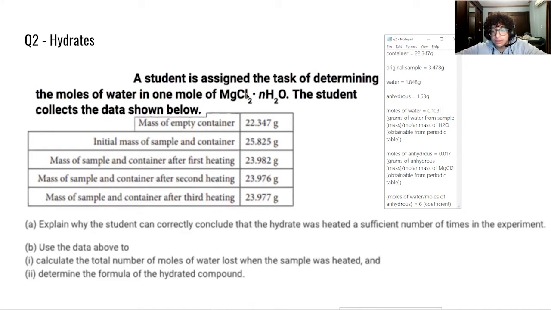Chlorine is 35.5, and so that's 71, and magnesium, if I'm not mistaken, is 20 something, I can't remember, but the total comes out to be 95.3. And so dividing 1.63 by 95.3 gives you 0.017. Once again, you take the moles of water, which turns out to be 0.103, and the moles of anhydrous magnesium chloride, 0.017, and you get approximately 6, which is the coefficient or the prefix.